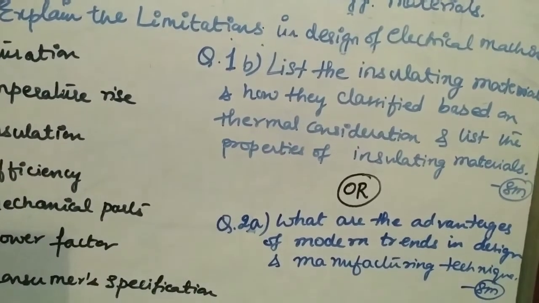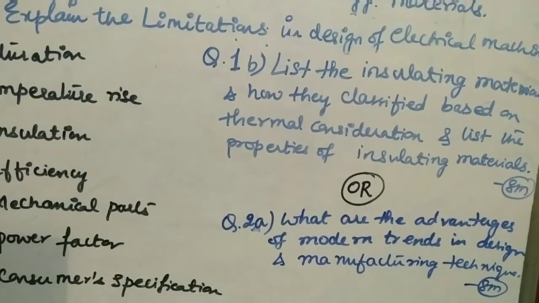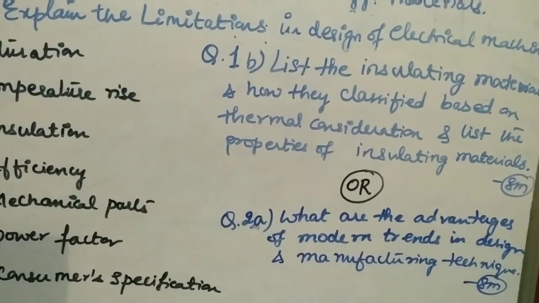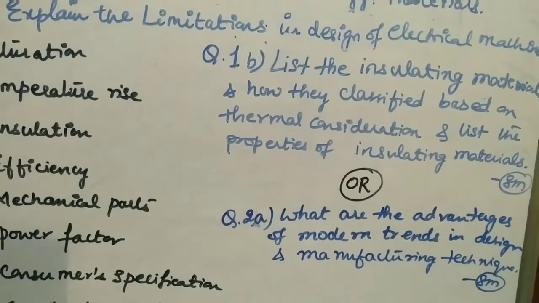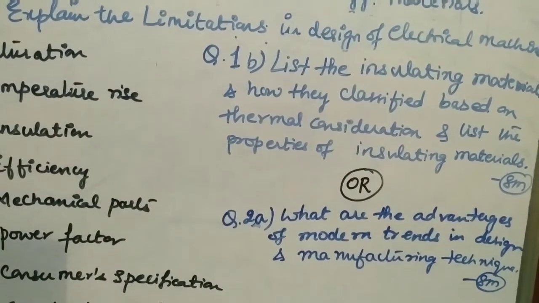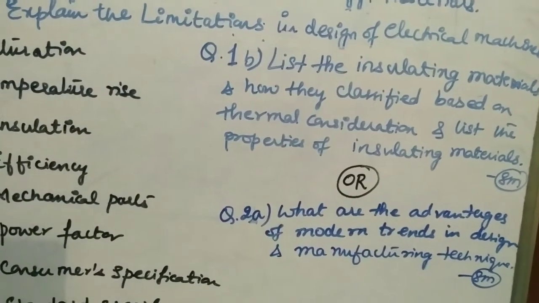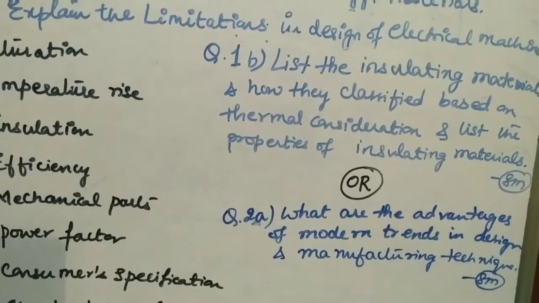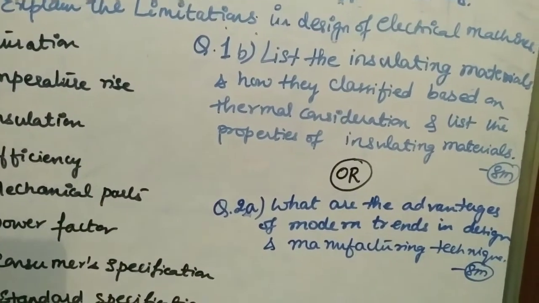What you are expected to tell here is, mainly, we need to discuss the old trends which were faced during the design of electrical machines, and what new developments have occurred in the designing of machines. This information needs to be covered in this question.